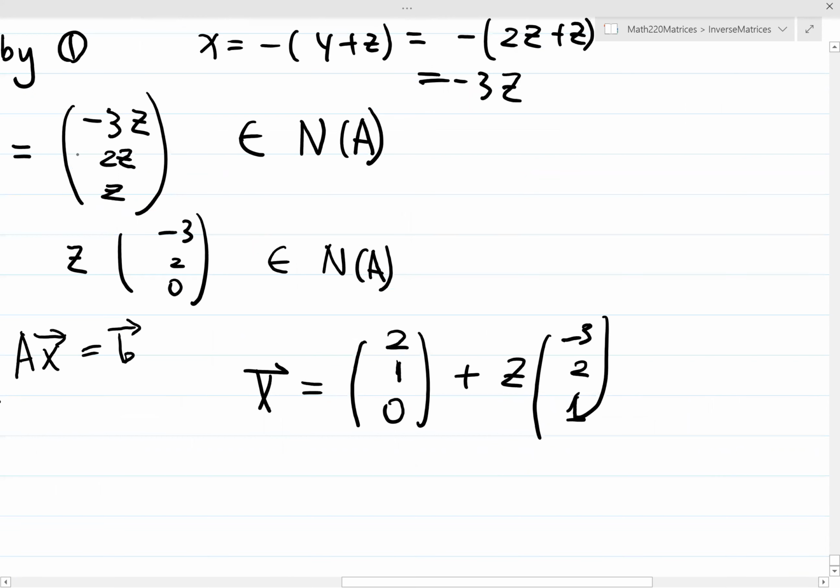So this is indeed a line. Here we translate a line. Now we get the general solution.